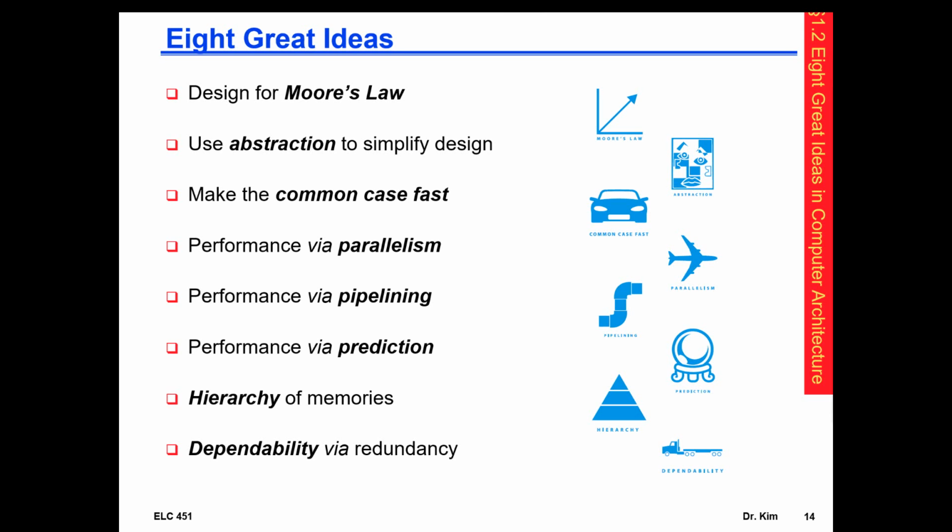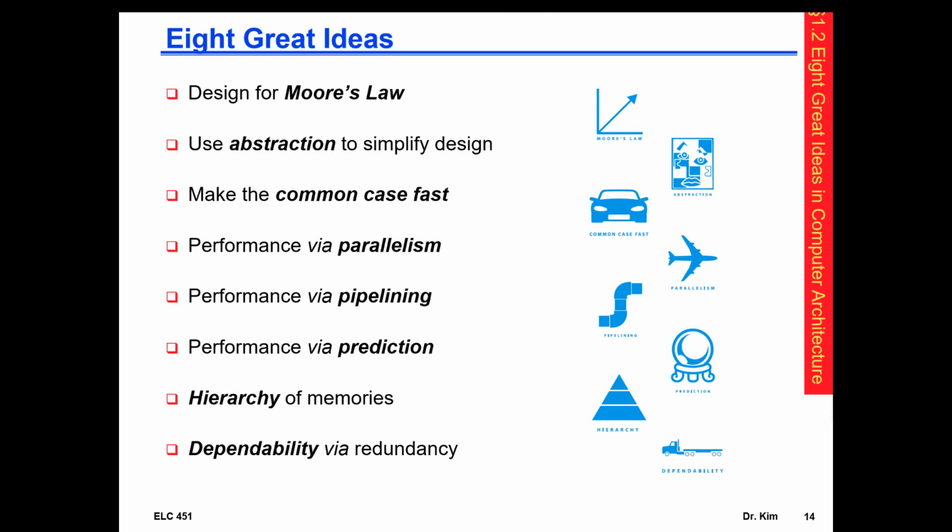We're going to look at different ways of enhancing performance. So one is parallelism. We have different levels of parallelism, but we're going to be talking, for example, about instruction level parallelism.